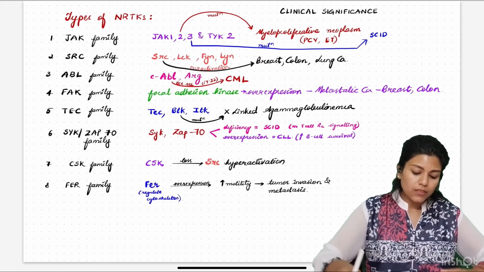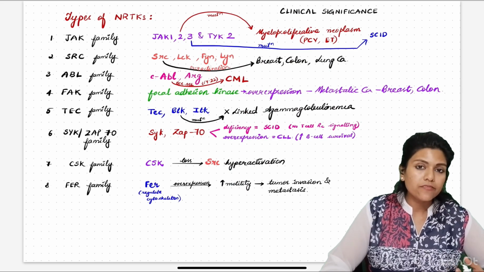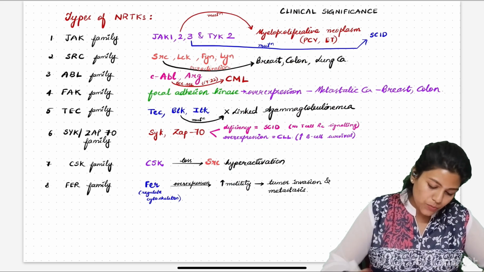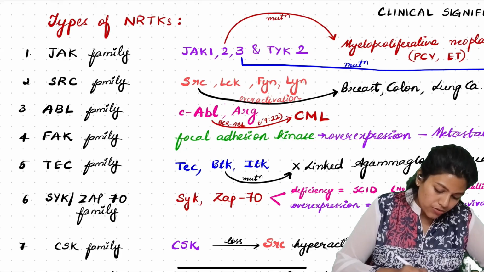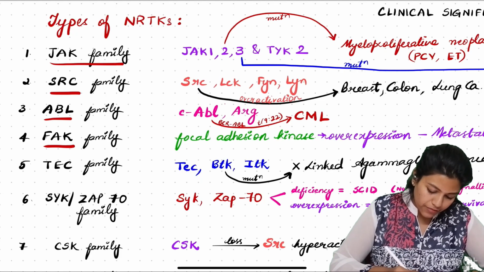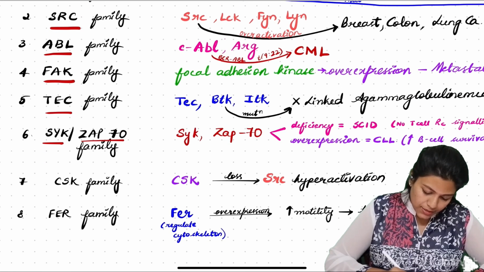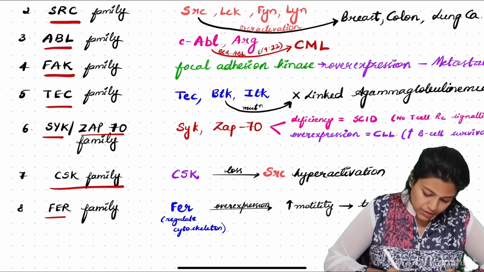Let's see a few types of NRTKs. There are many families of NRTKs. The most important among them are the JAK family, SRC family, ABL family, FAK family, TEC family, SYK or ZAP70 family, CSK family, FER family.